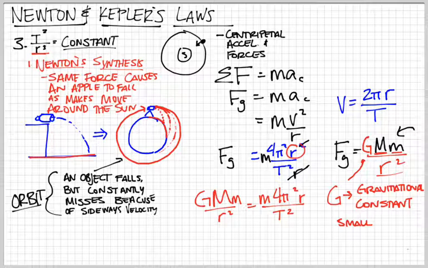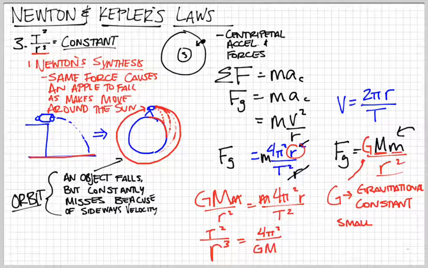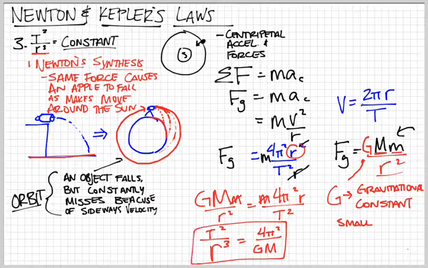When this r goes down here, you get r cubed over t squared is equal to, these masses go away, 4 pi squared over GM. And this is what Newton came up with. The question was, does it fit with what Kepler did?